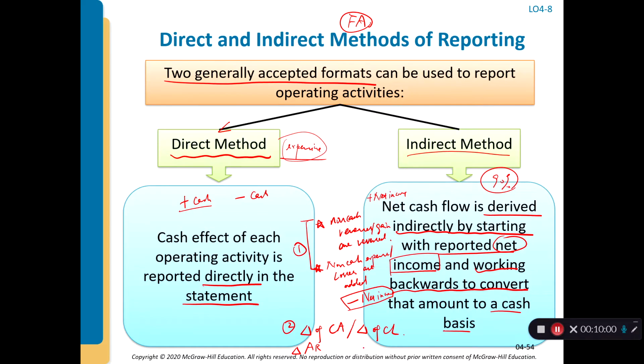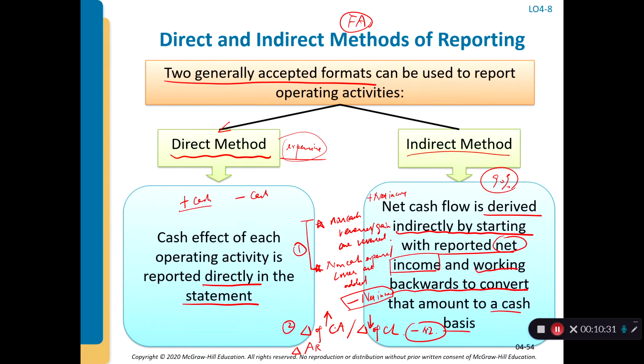In the indirect method, the positive adjustments to net income are made for decreases in related assets and increases in related liabilities. In other words, if you have increases in current assets and decreases in current liabilities, you have to subtract them from net income to arrive at operating cash flow.